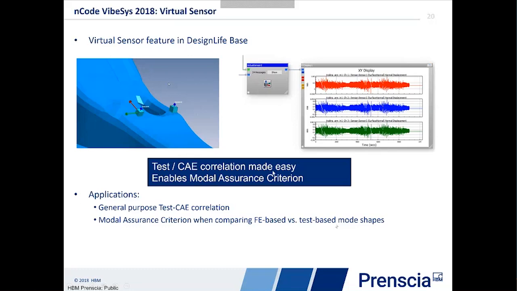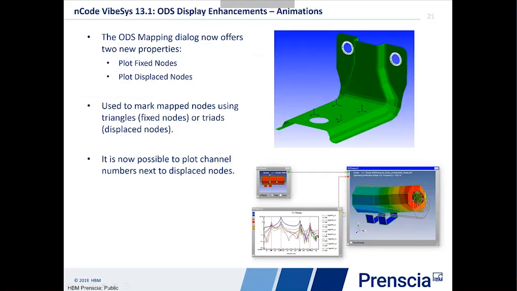What else? Still in terms of animation, we've got this operating deflection shape glyph, which enables you to animate a wireframe-type structure or an FE model by mapping some measurements to it.